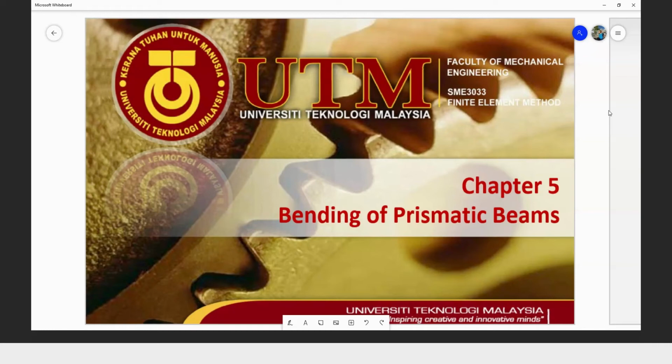Sekiranya struktur yang sama, saya bagi struktur yang sama dikenakan elemen connectivity yang berlainan. So ada dua struktur yang exactly the same in term of dia punya geometri, material apa semua. Struktur A, elemen connectivity dia dalam arah yang lain. Struktur yang kedua, kita kenakan elemen connectivity dalam arah yang lain.